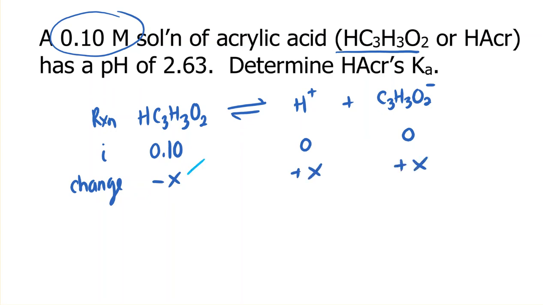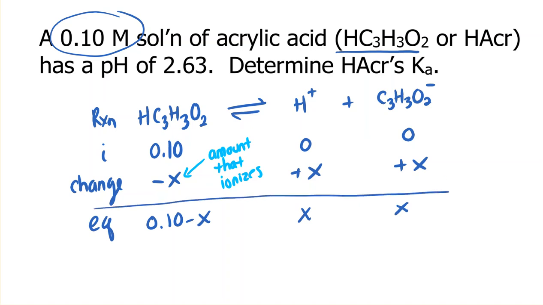So for the change, X is going to represent the amount that ionizes. So at equilibrium, and this part, of course, is where I just added those two to get my equilibrium expressions.